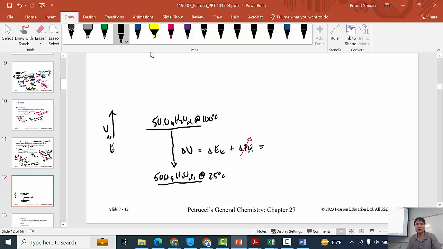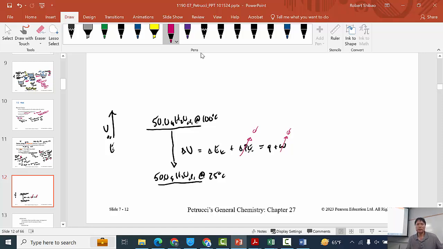And this is equal to Q plus W. Was any work done, like mechanical work or electric? Did we generate any electricity? Did we pull up any weights? Do anything like that? No. And so this change required zero work.